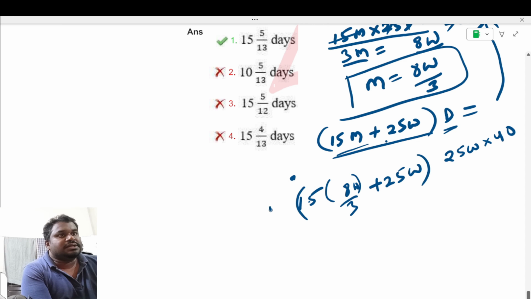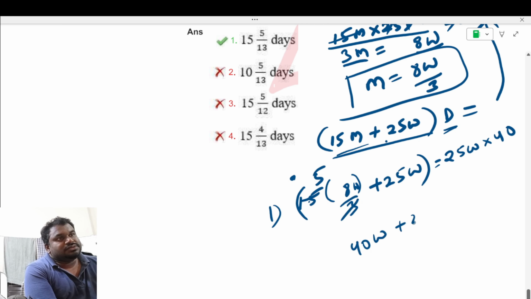This D I am writing here is equal to 25 women into 40. What I'll do, then 3 and 15 get cancelled. So 40 women plus 25 women into D is equal to 25 women into 40.